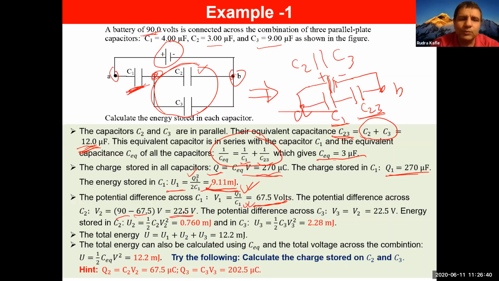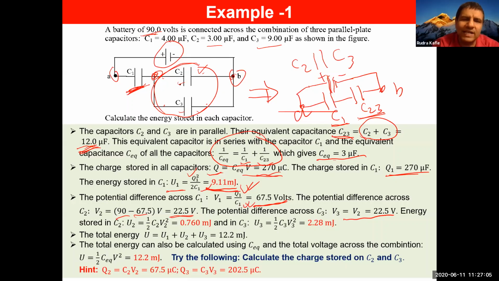That 22.5 volt is the potential difference across C2 or across C3, because C2 and C3 are in parallel. When capacitors are connected in parallel, the potential difference remains the same. Okay, in series, potential difference will be added. In parallel, potential difference remains the same, right? So in this case, now you know C2, you know C3.